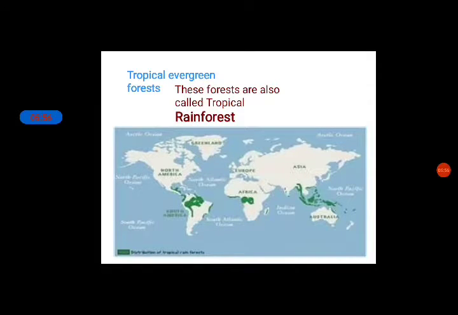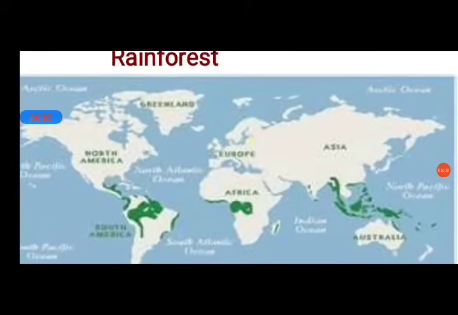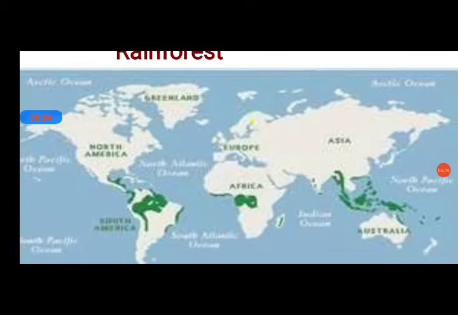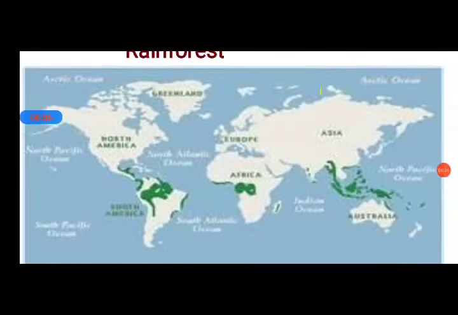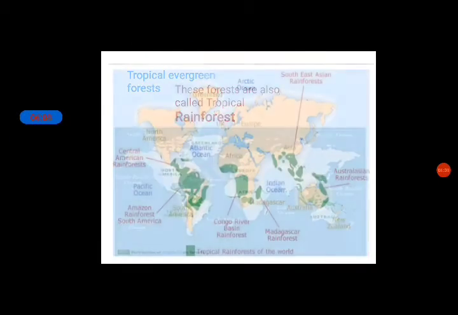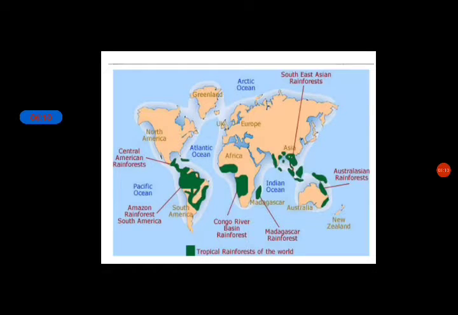Students, in this picture you can find out the places where you can see the tropical rainforest. Again, in this map you can see the regions where tropical rainforest is found.